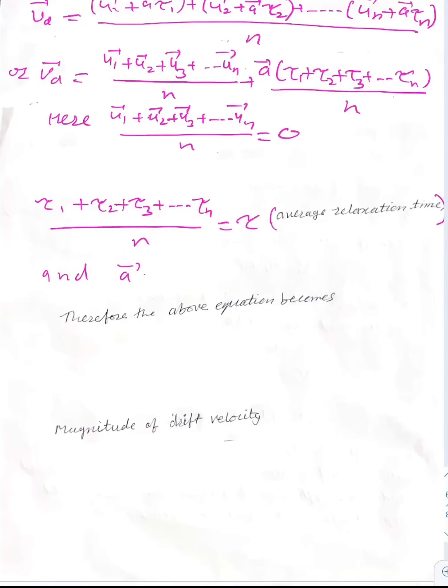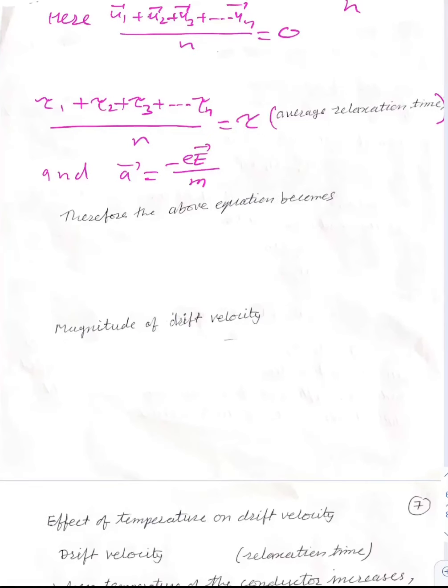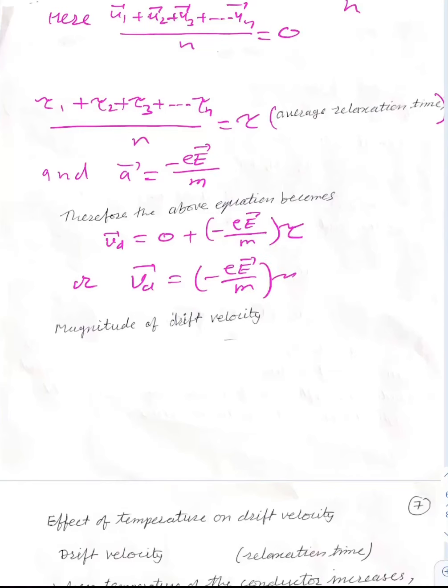and a = -eE/m. Therefore, the above equation becomes Vd = 0 + (-eE/m)·tau, or Vd = -eE tau/m.